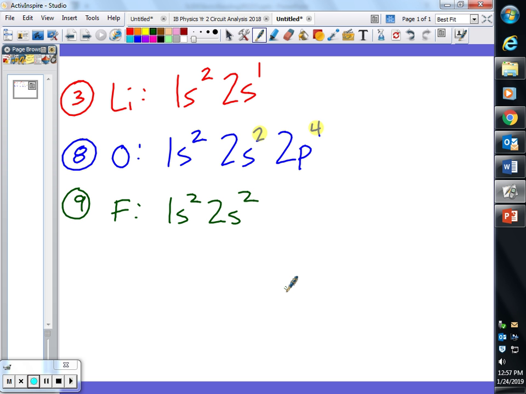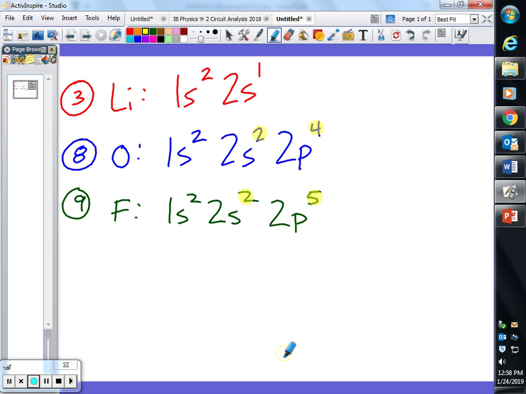Oxygen only had 4 of the 6 spots full. Fluorine only has 1 extra electron. So we go like that. For fluorine, what's the highest level that has electrons in it? 2. How many electrons are in that highest level? 7. Right? Some are in S, some are in P, but there are 7 total. Fluorine has 7 valence electrons.